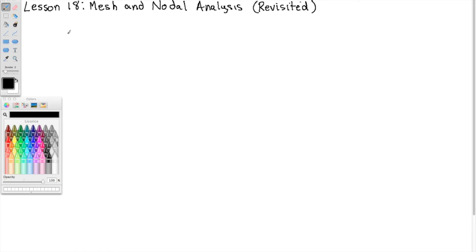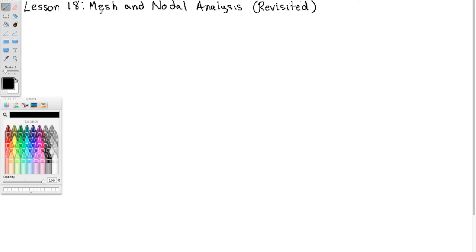So it's a systematic procedure, and I'm not going to list the steps. For those steps, you'll want to go back to those videos where we introduced mesh and nodal analysis. The steps are the same. But it is a systematic procedure for finding the currents or the voltages in a circuit. And the great thing about both of these types of analyses is that they work for any linear circuit.